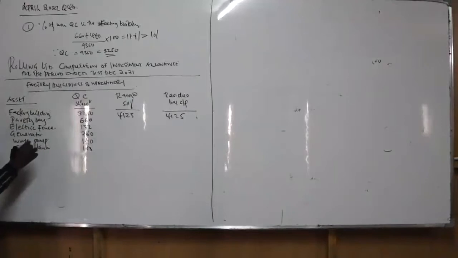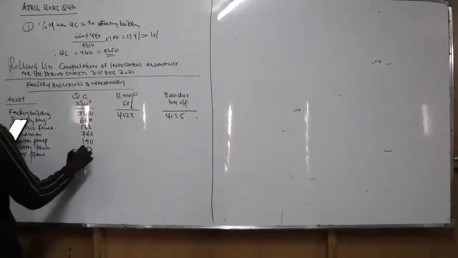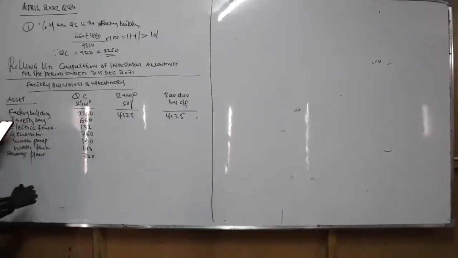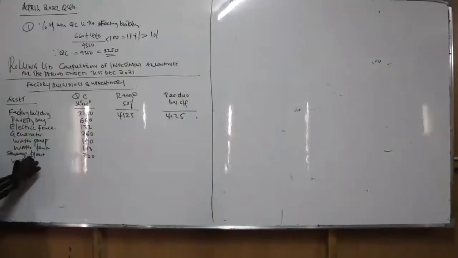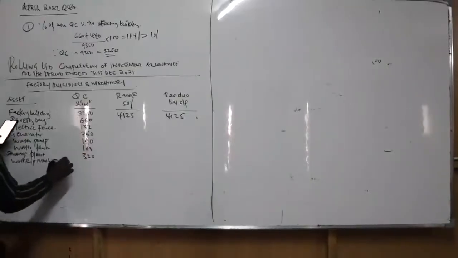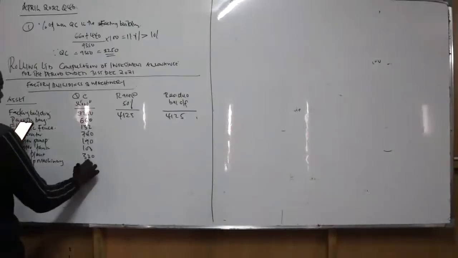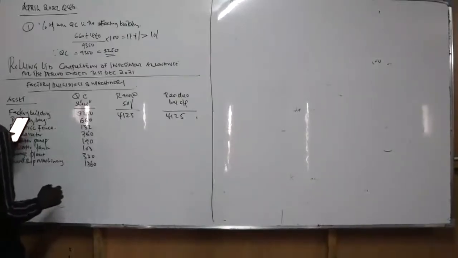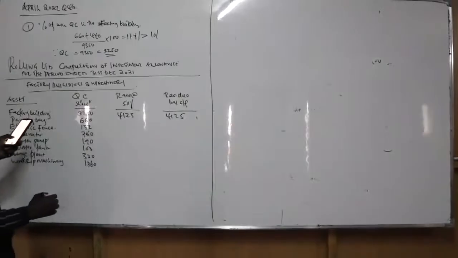And then we have sewage treatment plant, the amount is 330. We have workshop machinery, 1760. We have photocopier, furniture, computers, fax machine.